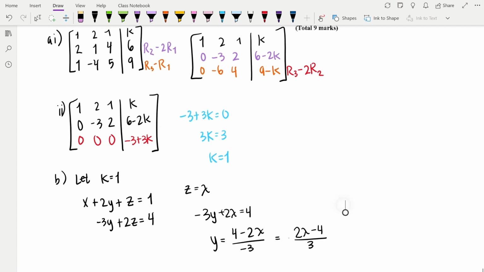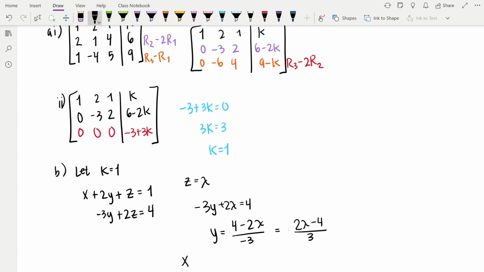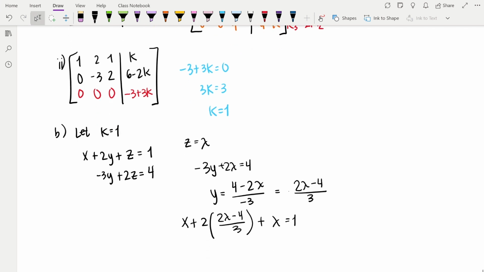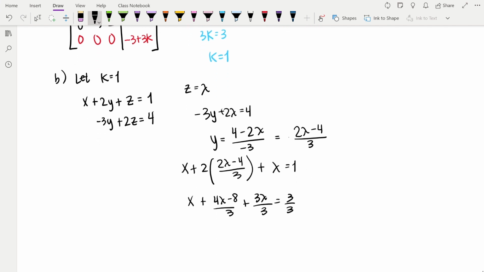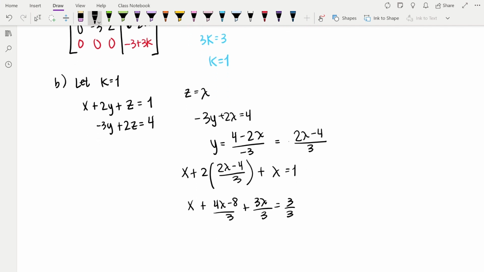And what will x be? Well, I have x plus 2 times y, which is 2 lambda minus 4 over 3, plus z, which is just lambda, equals 1. So x plus 4 lambda minus 8 over 3 plus 3 lambda over 3 equals 3 over 3. I'm just getting a common denominator to make my life easier.